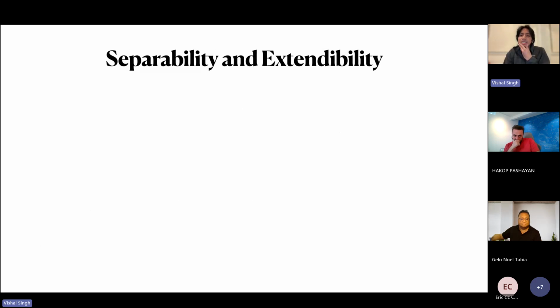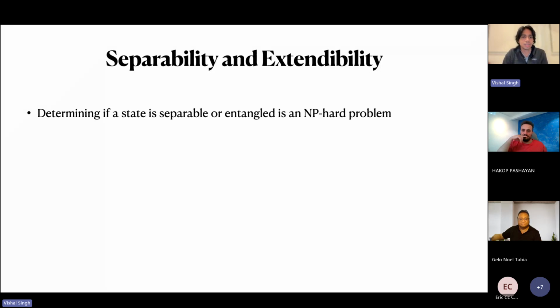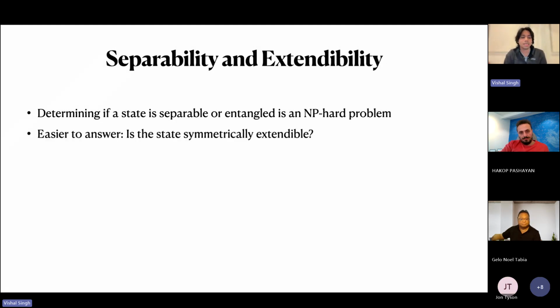Okay, so extendability is basically an idea that we use to deal with the hard problem of determining if a quantum state is separable or not. To determine if a state is separable or entangled is an NP-hard problem. So what we do is we ask a simpler question: is the state symmetrically extendable?